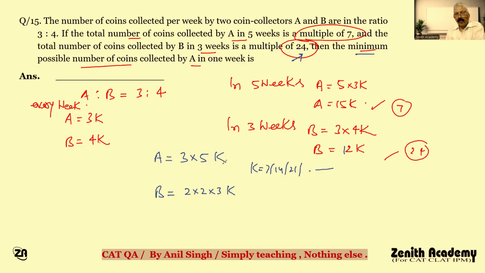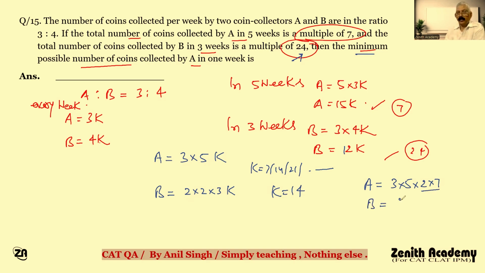So look here. If I take the value of K as 7, then this is going to be a multiple of 7. But here, 2 into 2 into 3 is 12, and with 7 this cannot be a multiple of 24. So it should be like, if I take K equal to 14, then in both cases, A is 3 into 5 into 14, and 14 means 2 into 7.